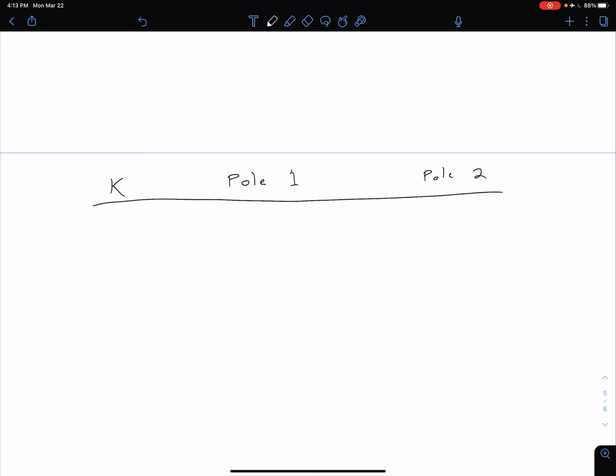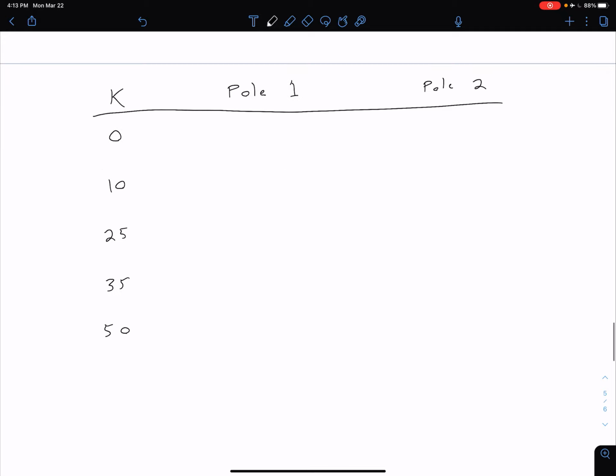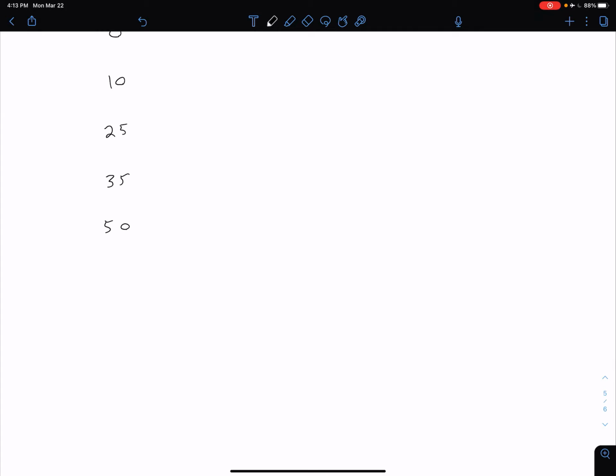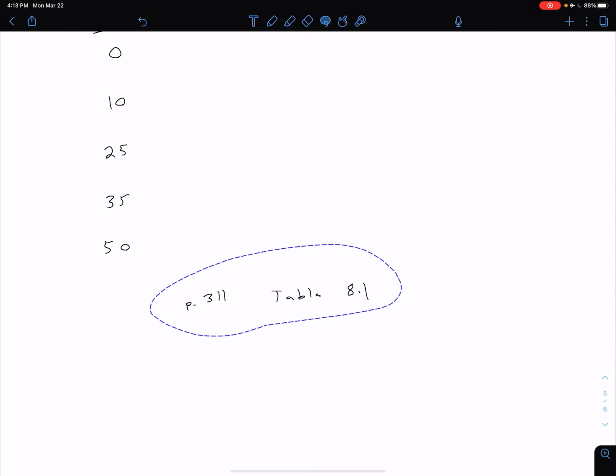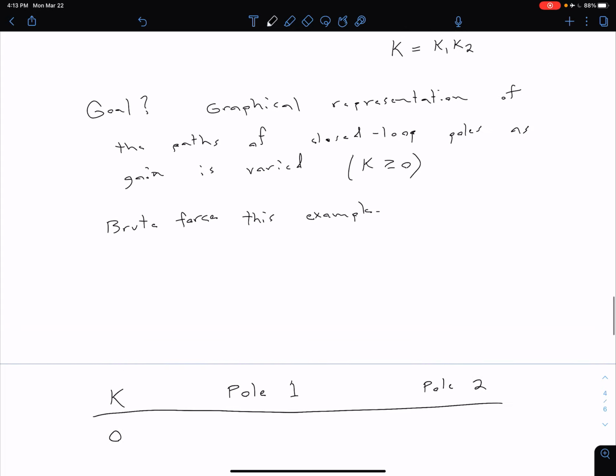The select values I want to look at are a gain of 0, 10, 25, 35, and 50. If you look in your textbook on page 311 in the 8th edition, these are excerpts from Table 8.1, and there are some more values in that table if you're curious, but I think I've chosen the important ones here.